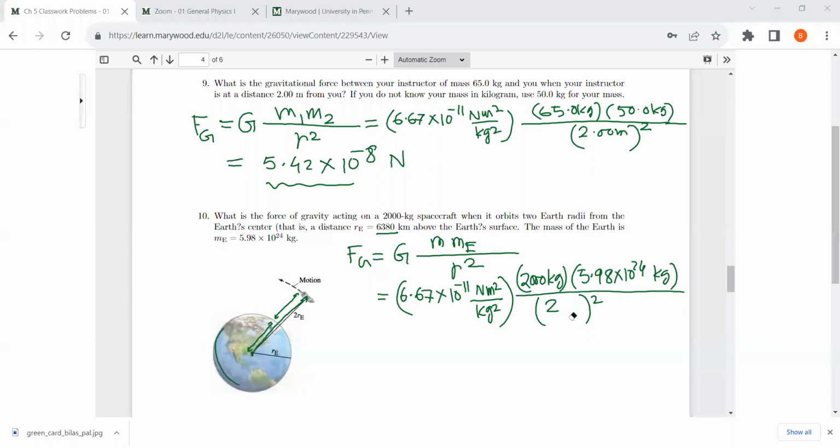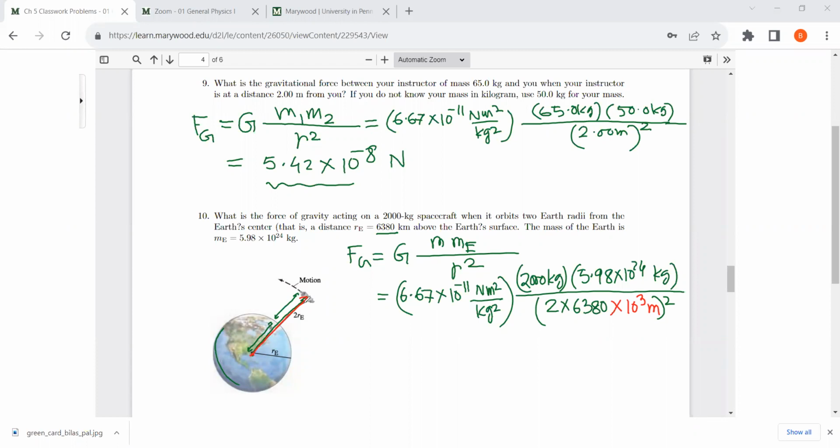This distance is 6380 kilometer, squared. Kilometer is not a standard unit, so you have to convert kilometer to meter. So this factor we need.